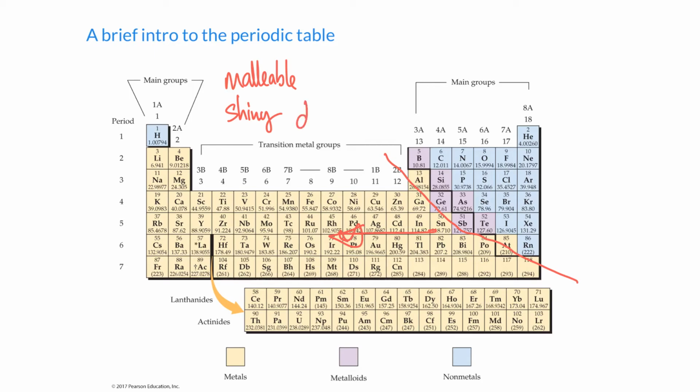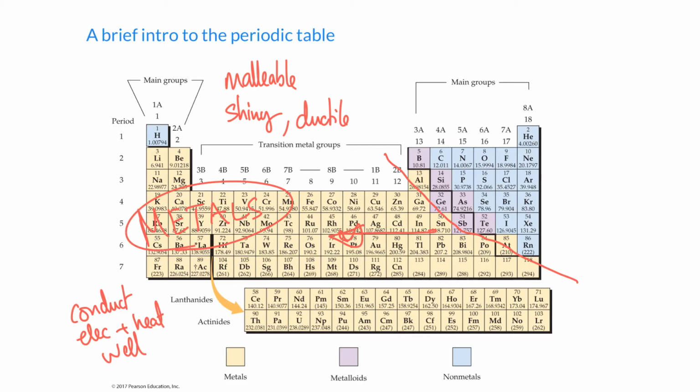They are ductile, so that means that you can squeeze them through very small holes and make wires. And they conduct electricity well and heat very well. And so all of these elements here, I'm sure you've already heard this name before, we call metals. So everything on the left-hand side of this table here is in metal country.